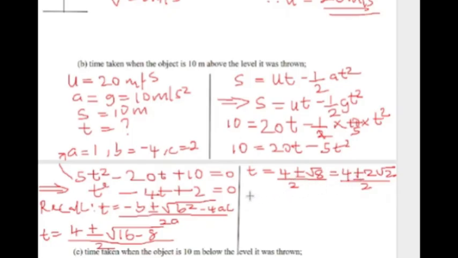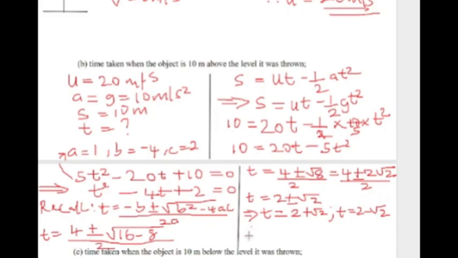So this reduces to t = 2 plus or minus root 2. So we have two sets of solutions. The first is t = 2 plus root 2. Then we also have t = 2 minus root 2.